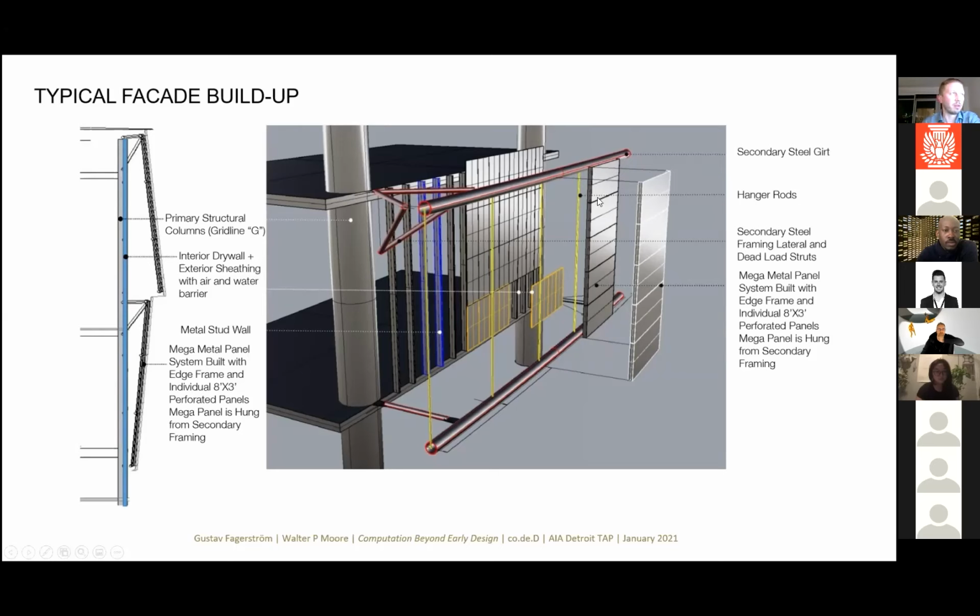And the exact same thing goes here, except that the weather barrier is further back, like in a rain screen. You see the section here to the left. There are these different steps in and out so that we can maintain flat mega panels always. I'll get back to that as well, which is quite important. And as the fabricators here in the room will know too, that makes their life a whole lot easier.